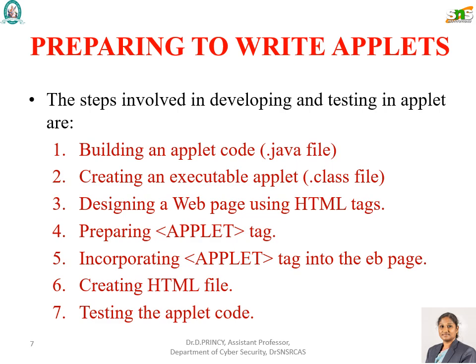To prepare an applet program, we have to follow some steps. The first step is the creation of the applet code, which is stored as a .java file. After that, we have to compile the Java file to convert it into a .class file. Then we have to create an HTML tag.